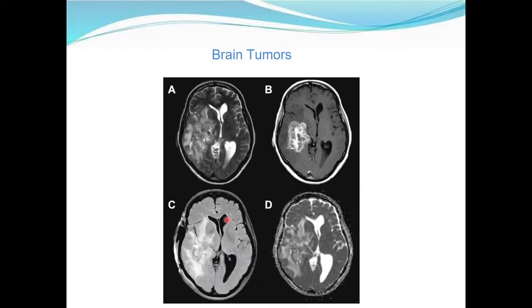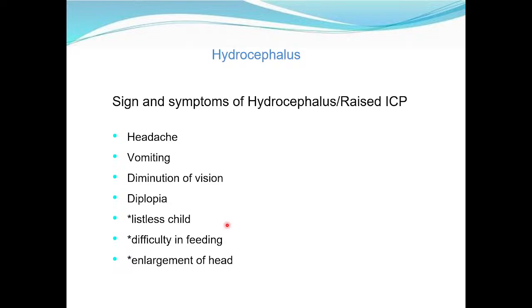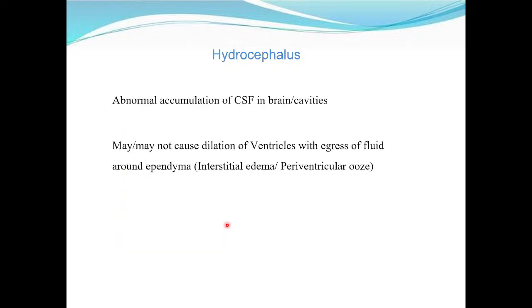From this picture, the white area outside the ventricle is the egress of CSF due to increased hydrostatic pressure inside the ventricle, suggestive of hydrocephalus. Even without dilatation of the ventricle, if interstitial edema is present, we can name it hydrocephalus.